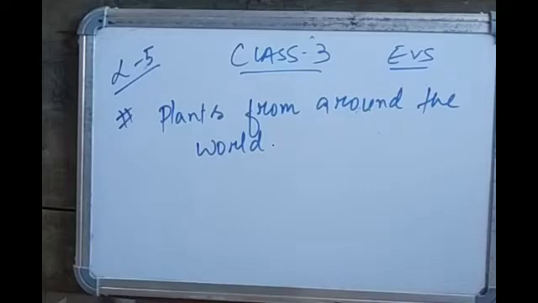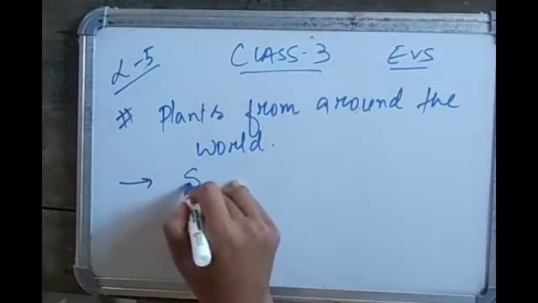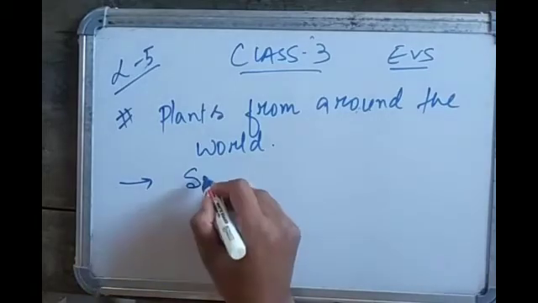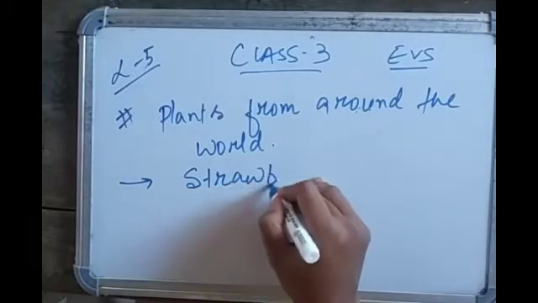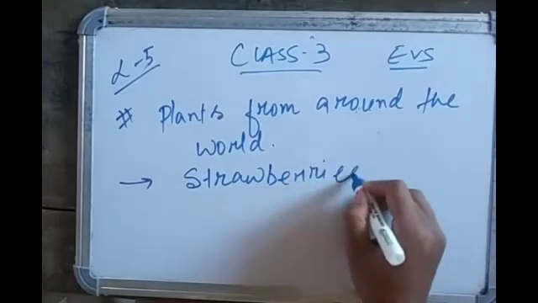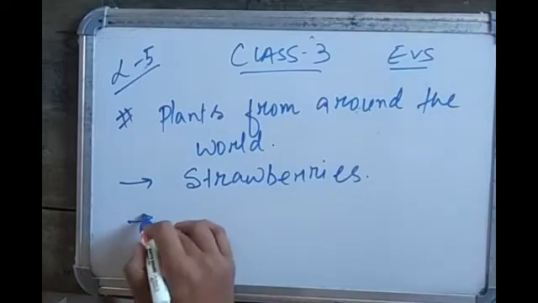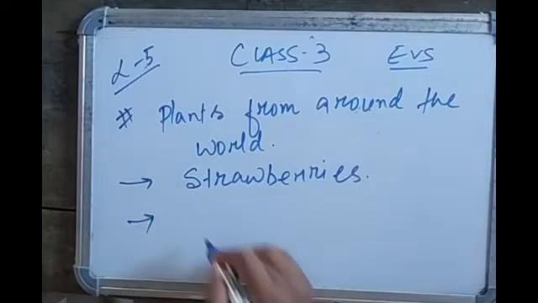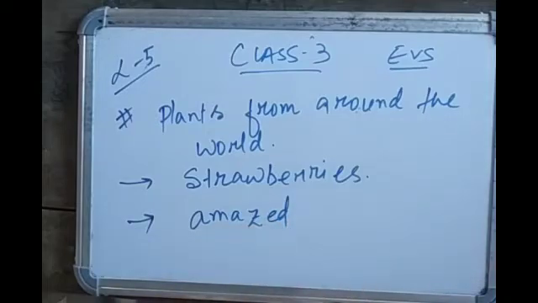Arab's family is taken as an example in your textbook. Arab's father brought home some strawberries. His grandfather was quite amazed to see them.